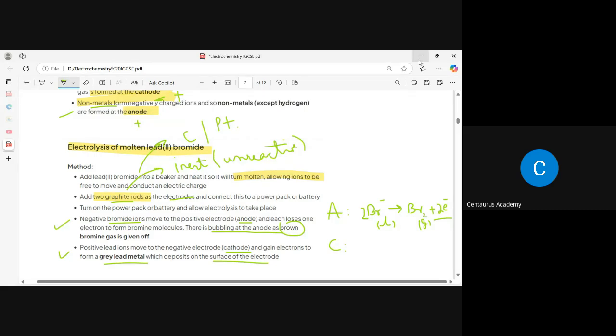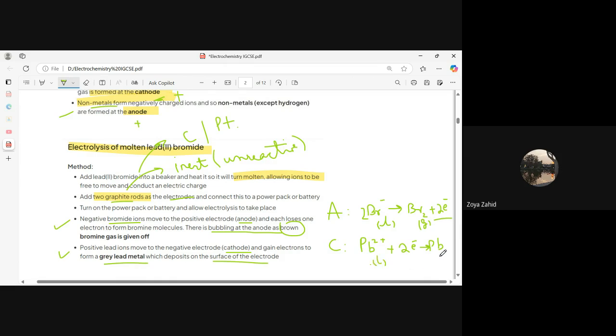It is going to be, if you look into this, lead ions. Are you not able to get this part? Is this too difficult? Or what part is not understandable?